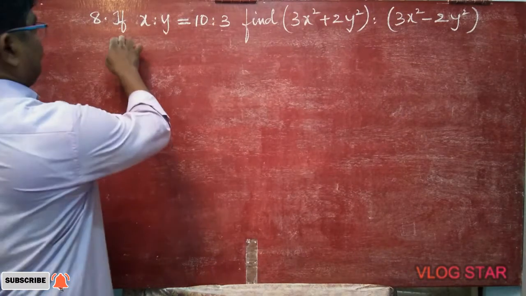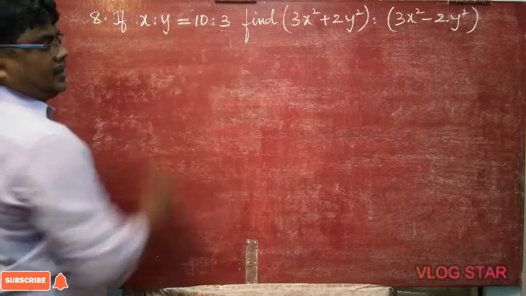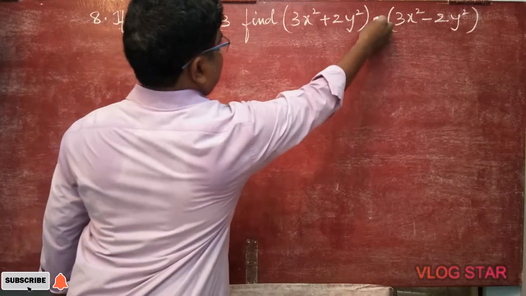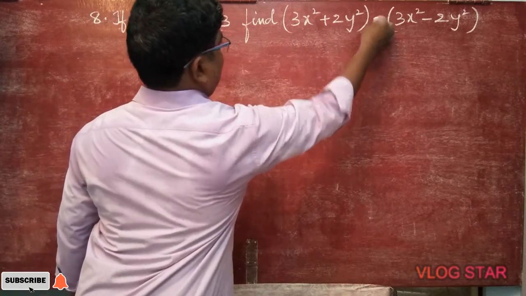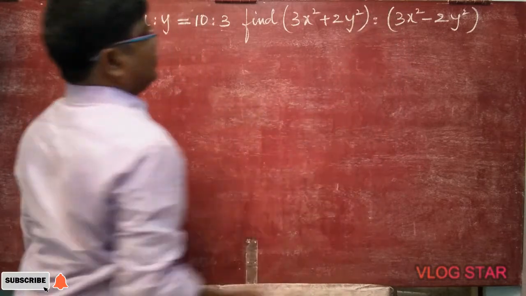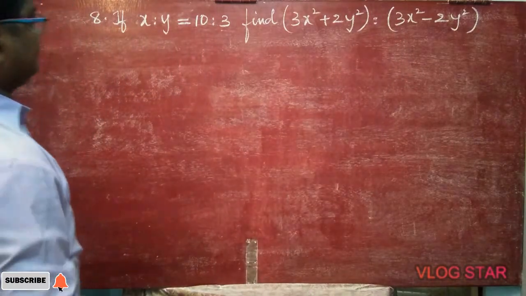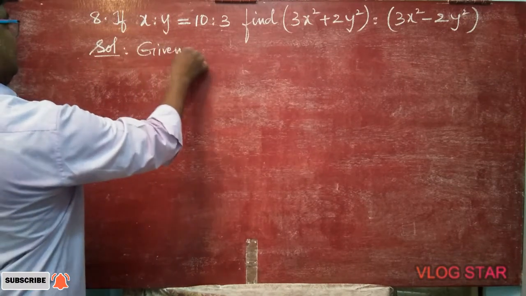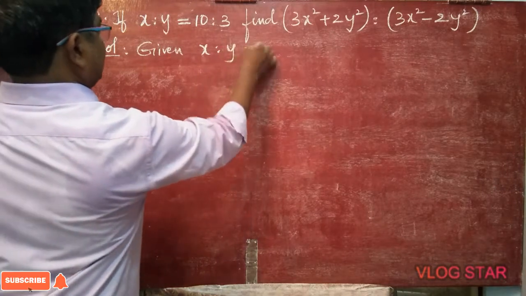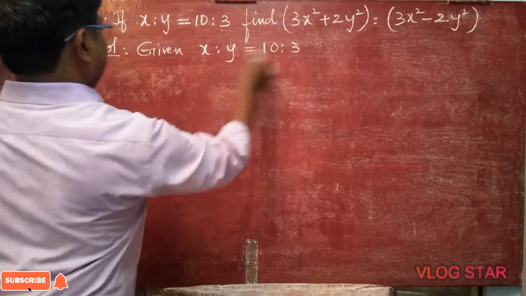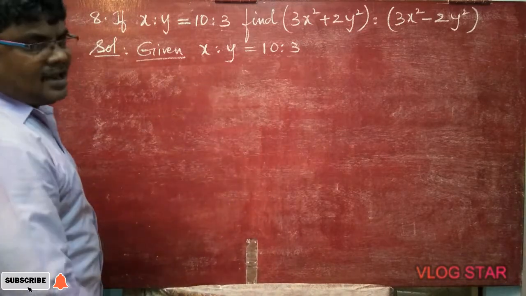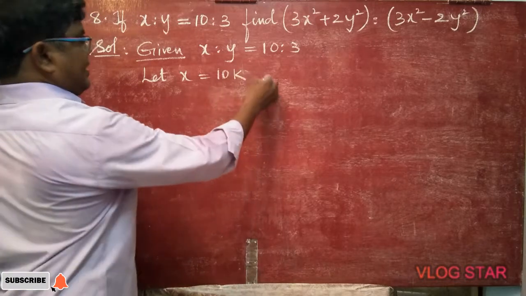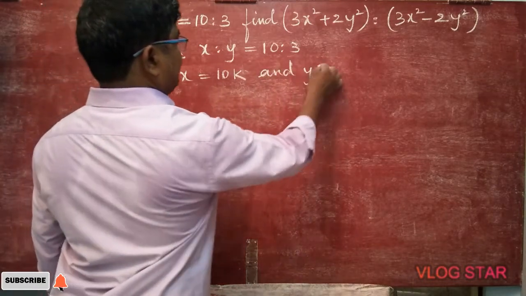Eighth problem. If x is to y is equal to 10 is to 3, find 3x square plus 2y square is to 3x square minus 2y square. Solution. Given x is to y is equal to 10 is to 3. We don't know the exact values. So let x is equal to 10k and y is equal to 3k.